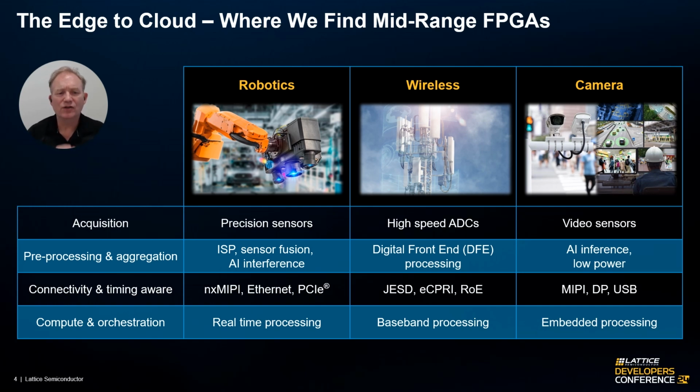I show robotics, wireless, and camera. And then for each of these, I'm showing the acquisition system, whether it's precision sensors, high-speed ADCs, or video sensors, how that data is pre-processed and aggregated, the connectivity that's required to talk to the rest of the system, and then lastly, the kind of computing and data orchestration that's required within the system.